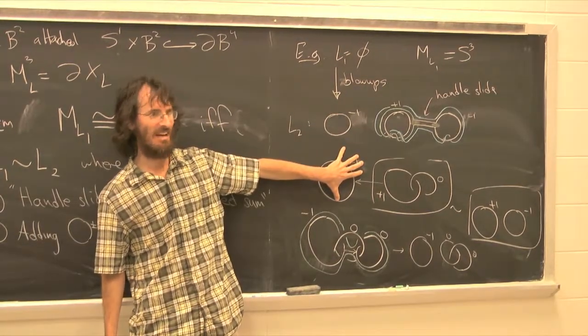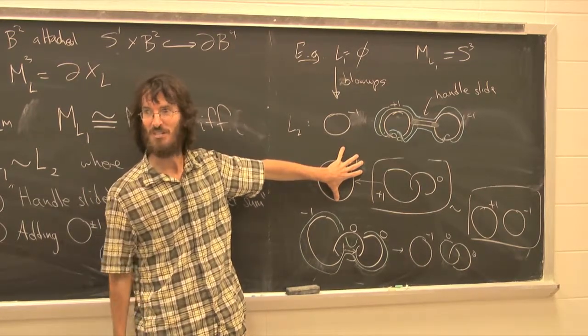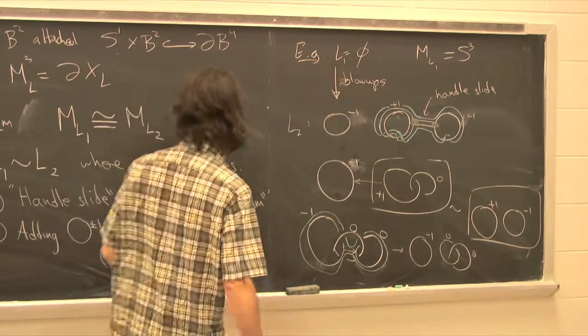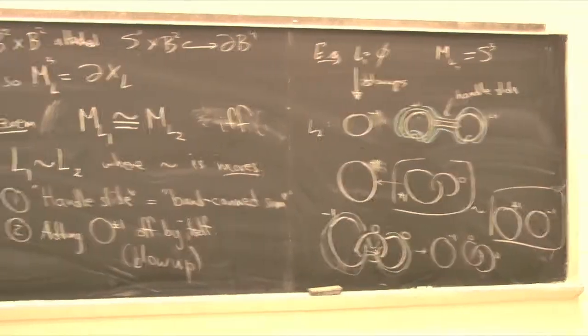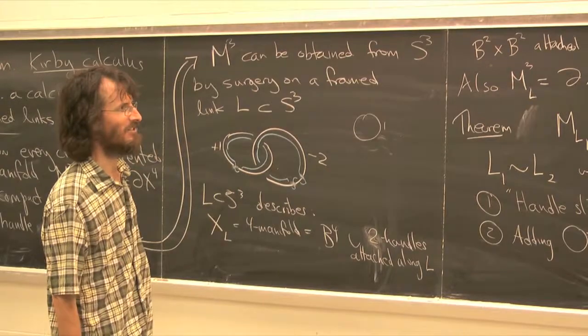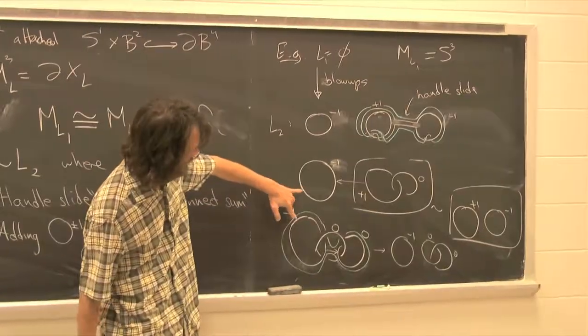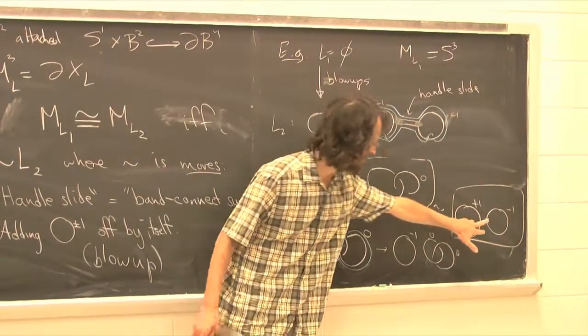Now, this is a calculus, right? In the sense that it's a set of operations that you can do on these funny symbols that describe 3-manifolds. And the claim is that all these different links are describing the same 3-manifold, which in this case is S^3. But I also want to remember these are two important moves.